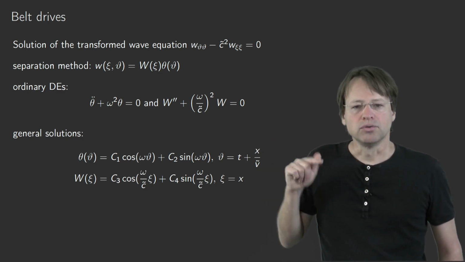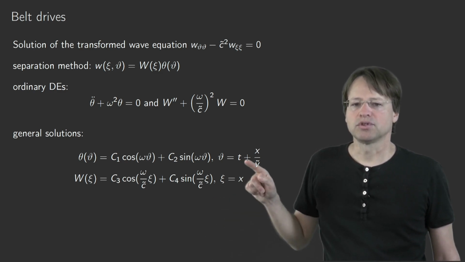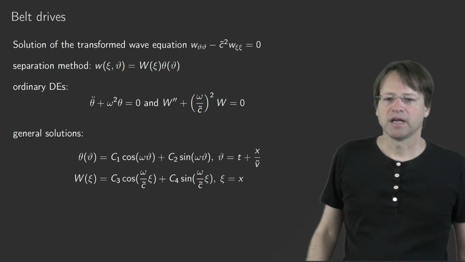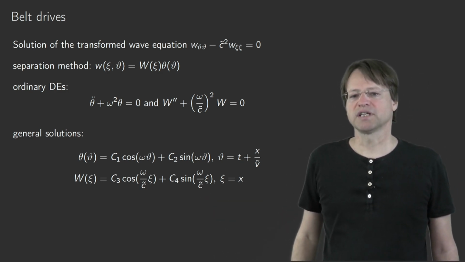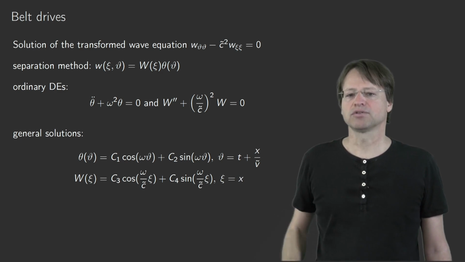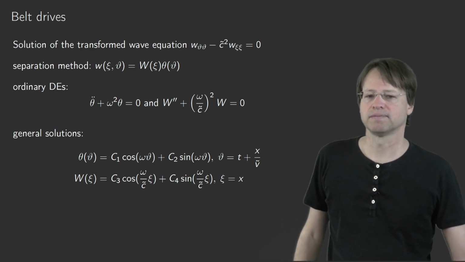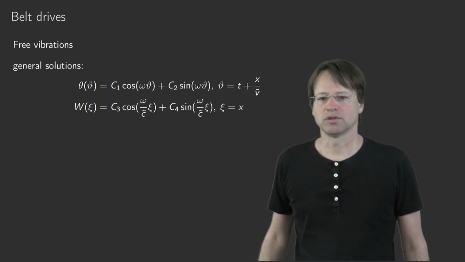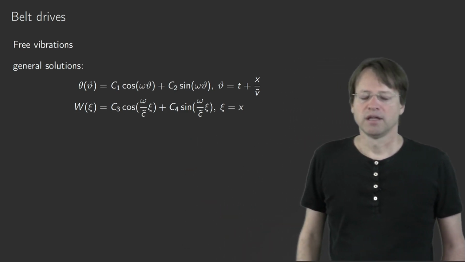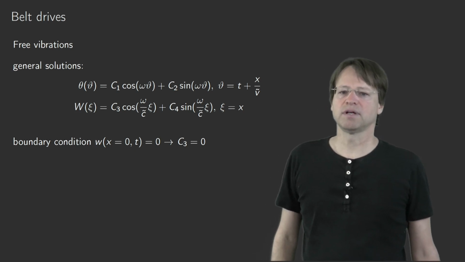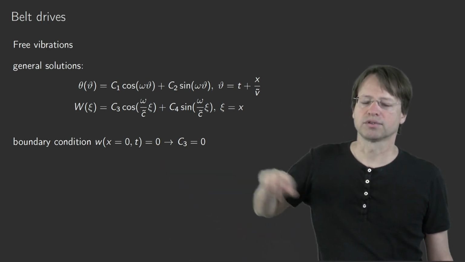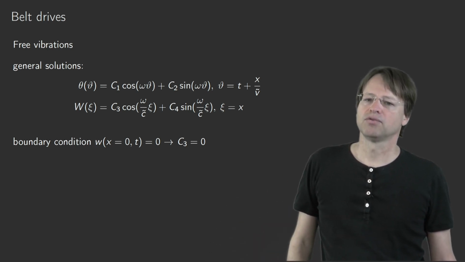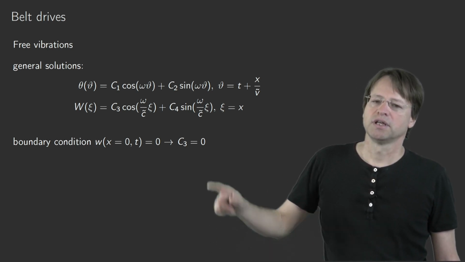So according to our solution procedure, we now have to specify our boundary conditions, and we have to apply the boundary conditions to the second equation in order to determine the values of omega, these natural frequencies. And again, if we do this, so this was our general solution, the boundary conditions for free vibrations are: first, the boundary condition on the left-hand side, where this one is the same for free and for forced vibrations, equal to 0.